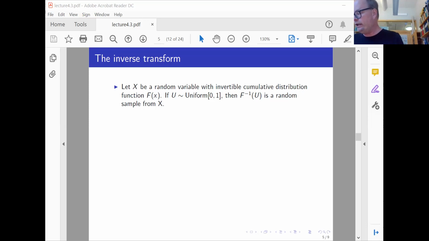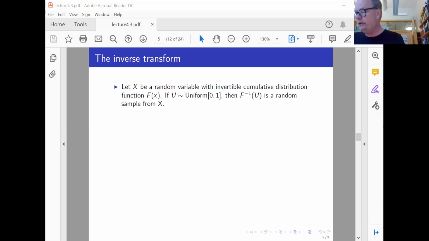So let's say that you have some kind of density that looks like this. Now the cumulative distribution function, just the integral of this, will look something like this. So it will approach 1 up here.